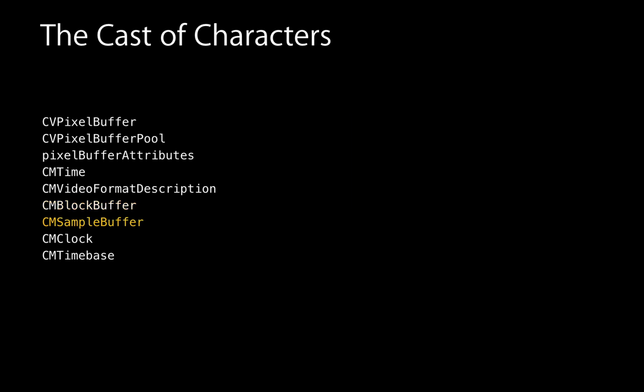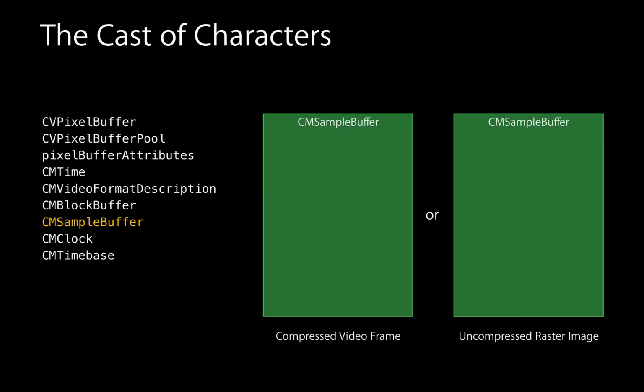All right, now we have CM sample buffer. You'll see CM sample buffers show up a lot in our interfaces. These wrap samples of data. In the case of video, CM sample buffers can wrap either compressed video frames or uncompressed video frames. And CM sample buffers build on several of the types that we've talked about here. They contain a CM time.